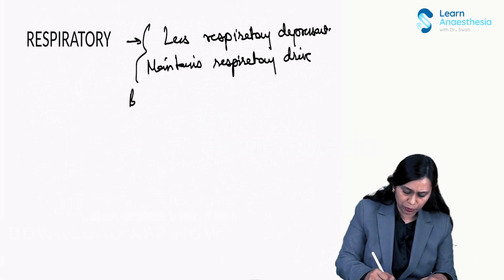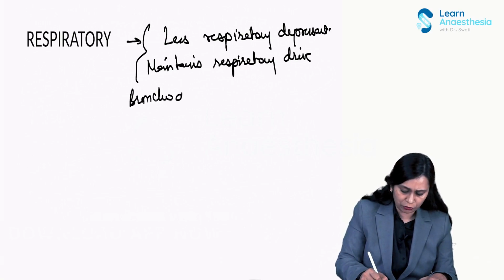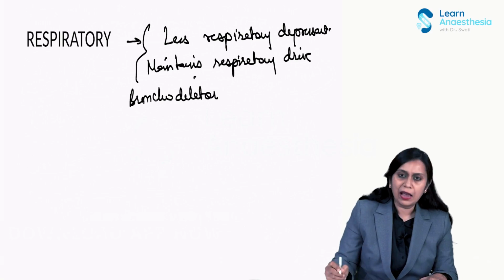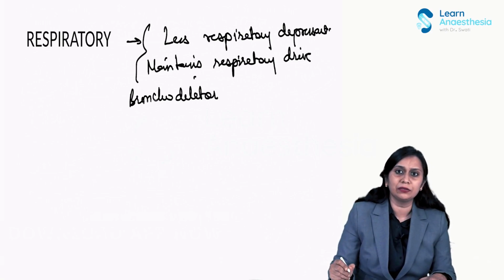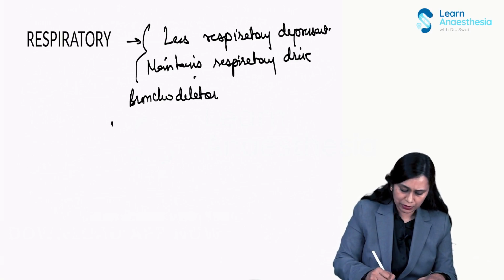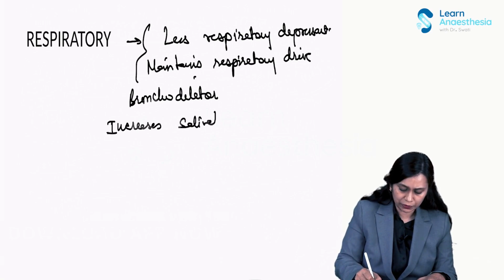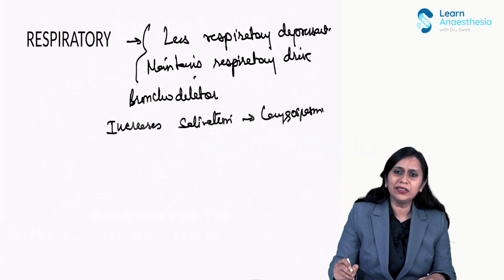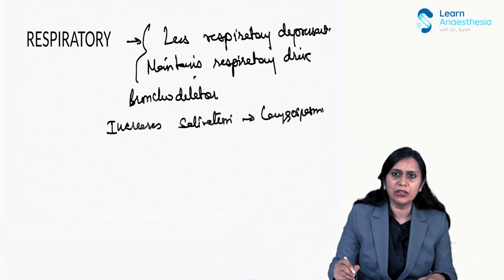Then it's a very good bronchodilator, wonderful bronchodilator, okay? And it increases salivation. So, it can cause laryngospasm when we are using it for induction. So, we always pre-medicate our patient with glycopyrrolate before giving ketamine.